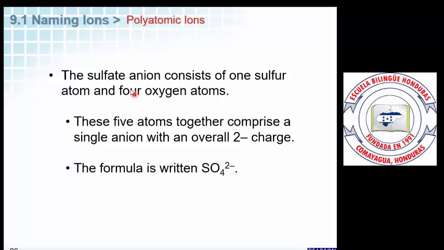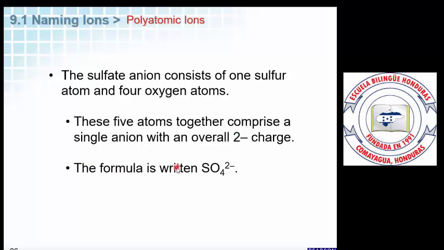The sulfate ion consists of one sulfur atom and 4 oxygen atoms. These 5 atoms you have to add over here. You have 1 atom of sulfur and 4 atoms of oxygen. Both symbols of the periodic table, sulfur and oxygen, are balanced with a 2 negative charge.